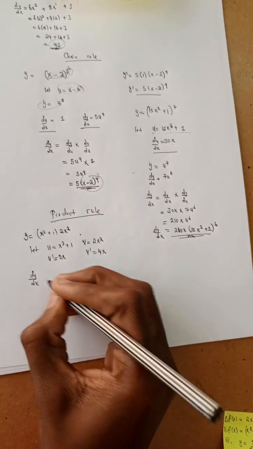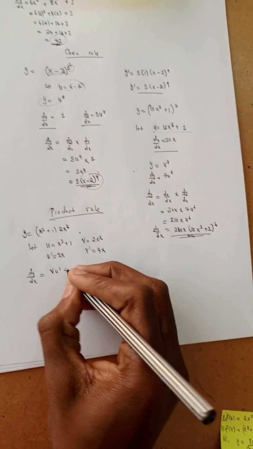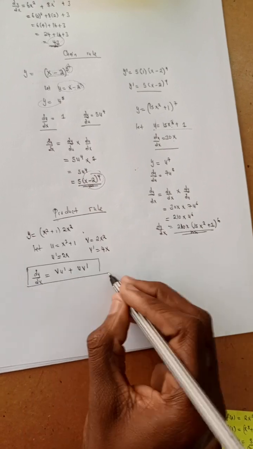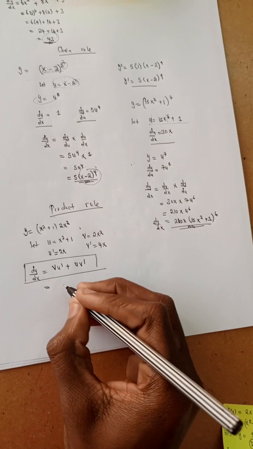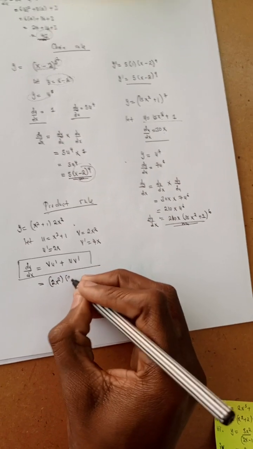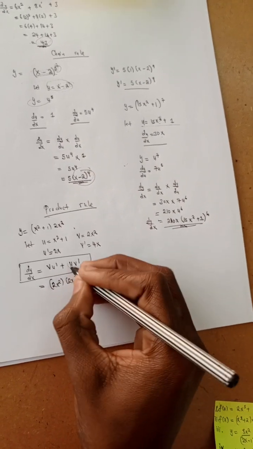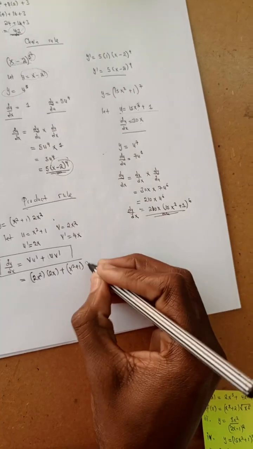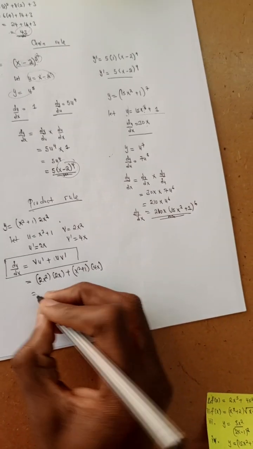So dy/dx is equal to v u prime plus u v prime. So this is the formula for the product rule. So what is our v? 2x squared. Our u prime is 2x, plus our u, it's x squared plus 1, v prime 4x.